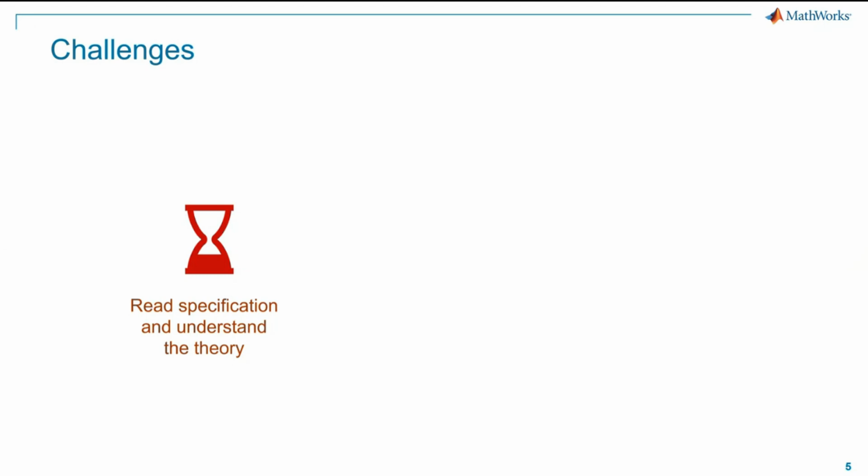What are the typical challenges when we're talking about wireless communications? In many cases, we have to abide by a standard set by IEEE or 3GPP. So we have to read and understand what the standard says, and we have to come up with ways to implement that. That's a really thankless task. It's many pages, a lot of reading and understanding, and very likely to make mistakes.